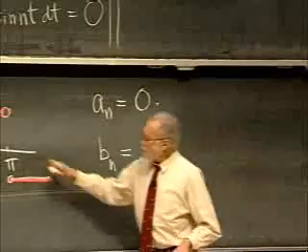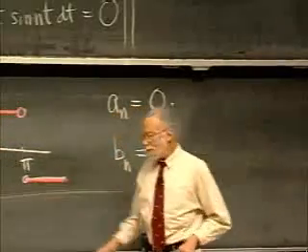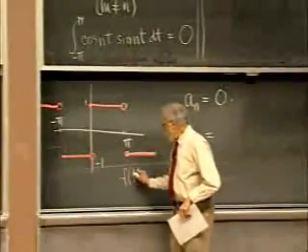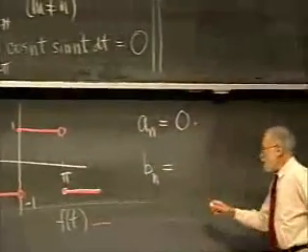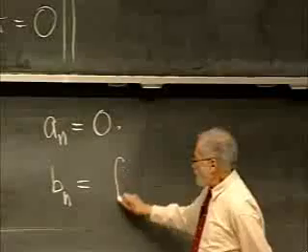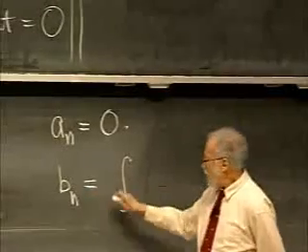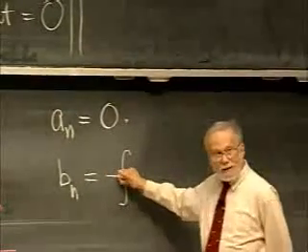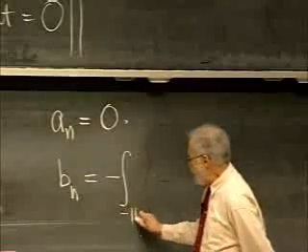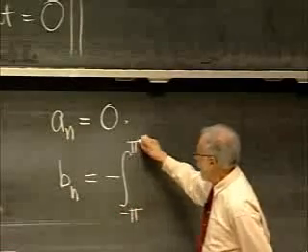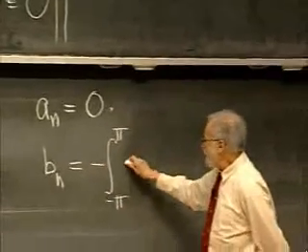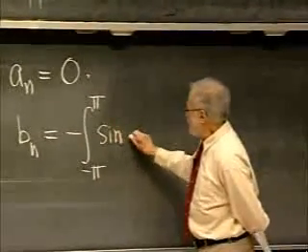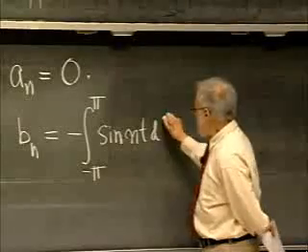Well, you see, because the function is discontinuous, so this is my input. My f of t is that orange discontinuous function. The bn is going to be, I have to break it into 2 parts. In the first part, the function is negative 1, and there I will be integrating from minus pi to 0 of the function, which is minus 1, times sine of nt dt.